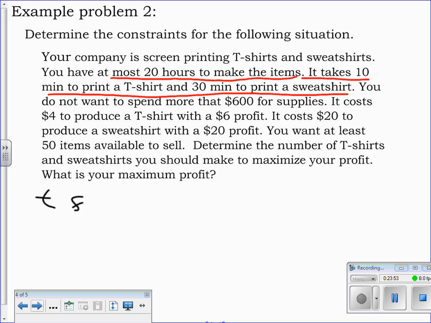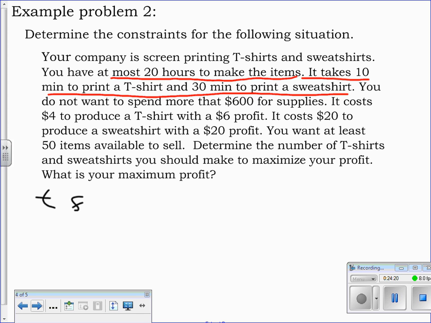Before I write this equation, remember, my units have to match. 2 hours, 30 minutes, 10 minutes, they don't match. Now I have a couple of choices. I can either take minutes and make it hours, and 30 minutes, that's easy. That's half an hour, right? But 10 minutes is how much of an hour? It's 1/6 of an hour. Hard to do as a decimal.